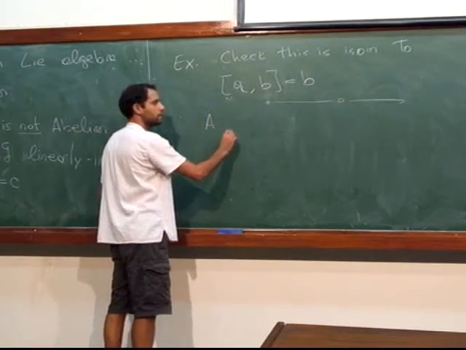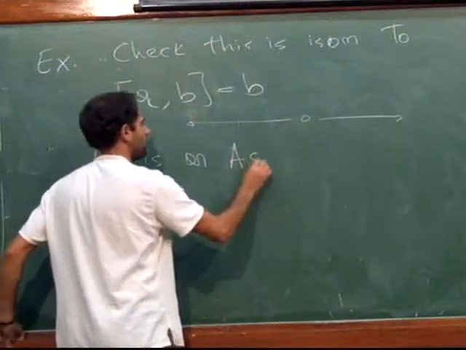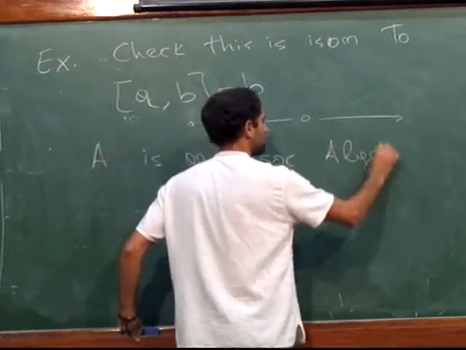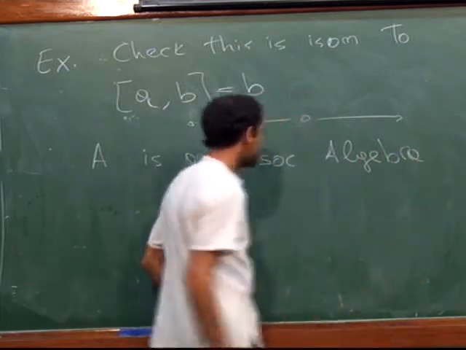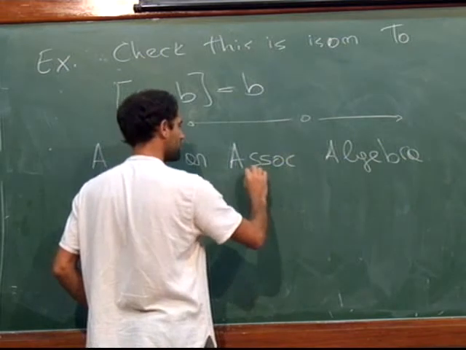Say A is an associative algebra. Actually, we don't need associative for what I'm going to say now, so if you want, you can just remove this.